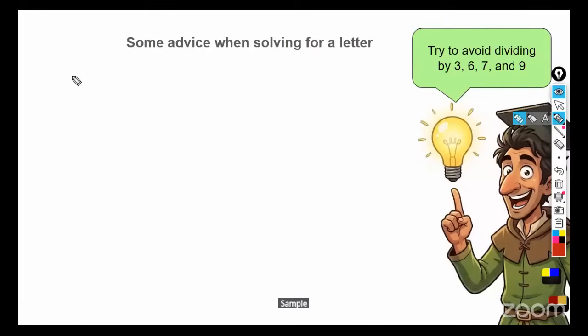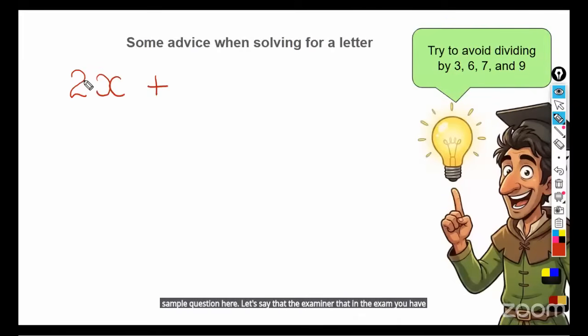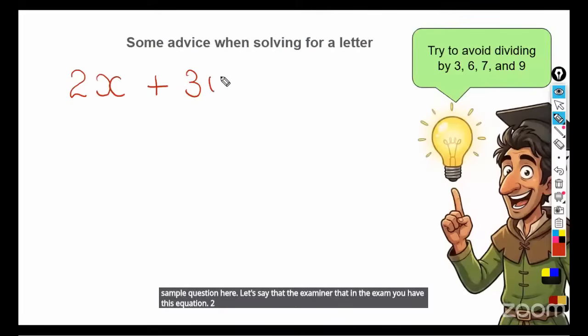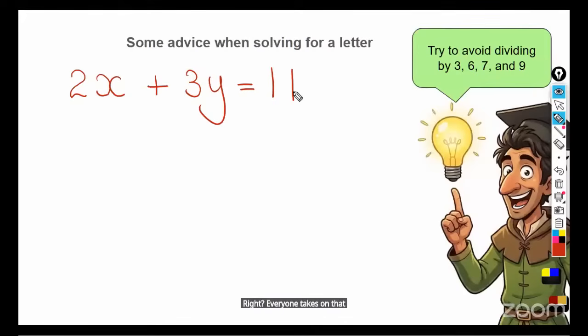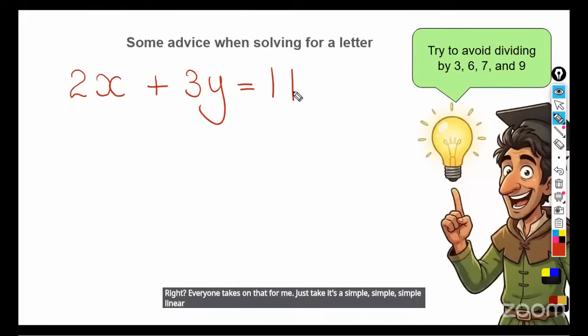Let's say that in the exam, you have this equation: 2x + 3y = 11. Everyone take that down for me. It's a simple linear equation. It has 2 letters in it, x and y, and they're both added and equal to 11.